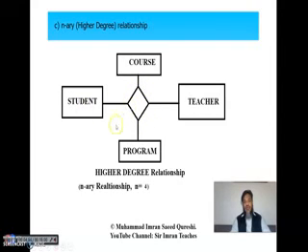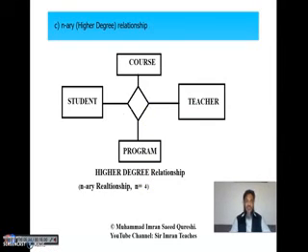So we will call it higher degree relationship, and sometimes we call it n-ary relationship, where n is equal to the number of entity classes. So here we have 4 entity classes taking part in this relationship, so n is equal to 4. So this is higher degree or n-ary relationship.